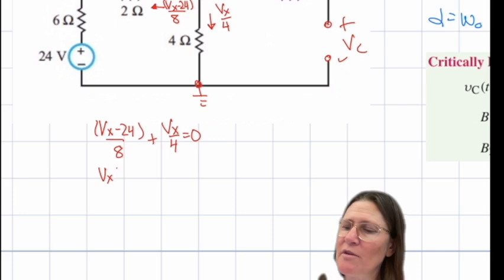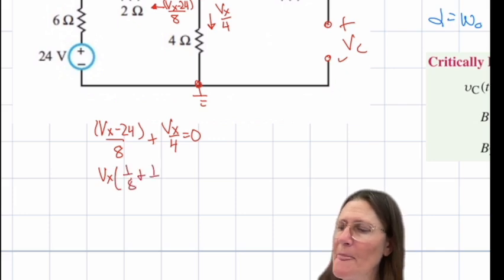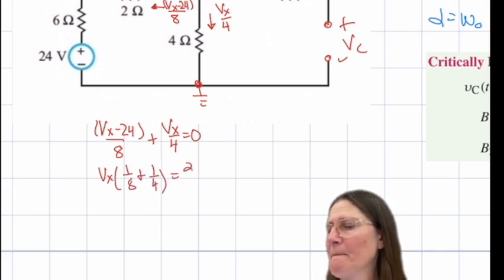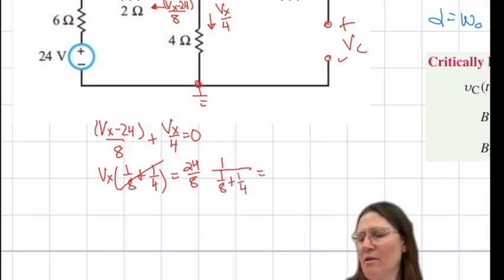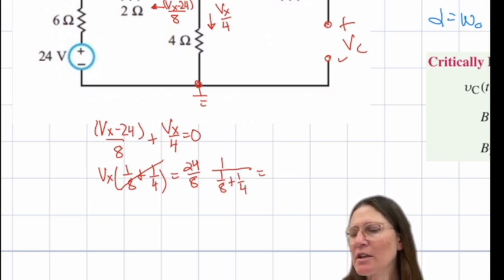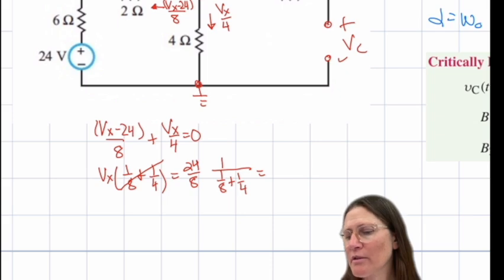Combine your Vx variable and then divide by this. And that gives 8 volts.